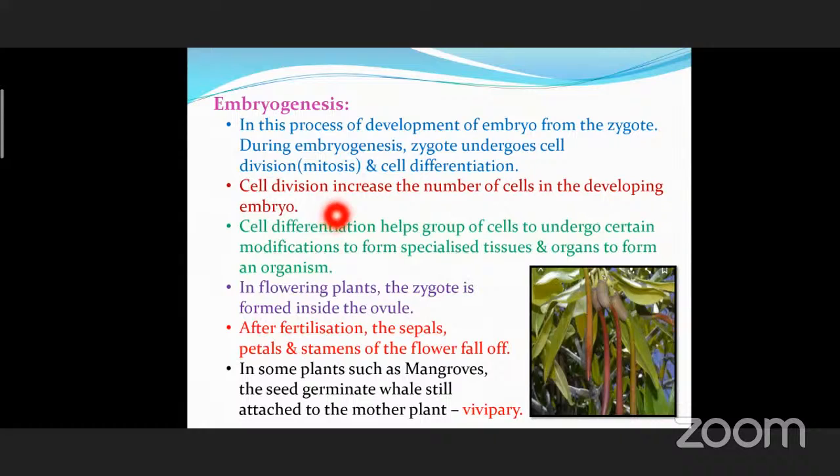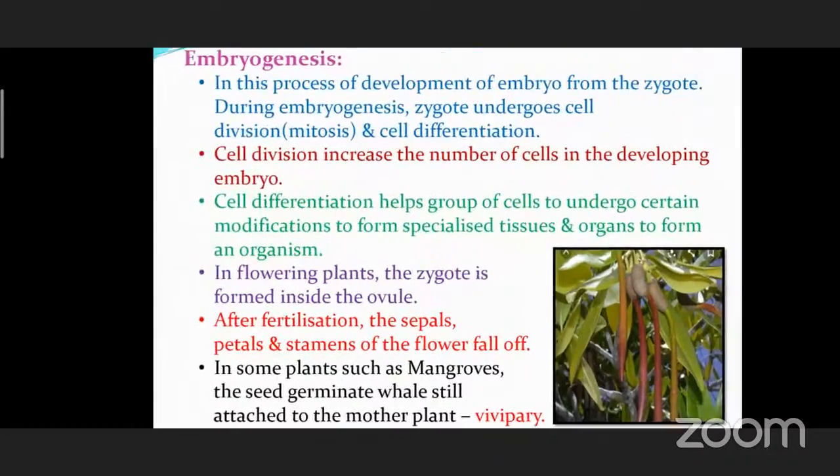Do you know cell division? Mitosis and meiosis. Already we have learned in 10th class what mitosis and meiosis are. Cell differentiation helps groups of cells undergo certain modifications to form specialized tissues and organs of the organism.